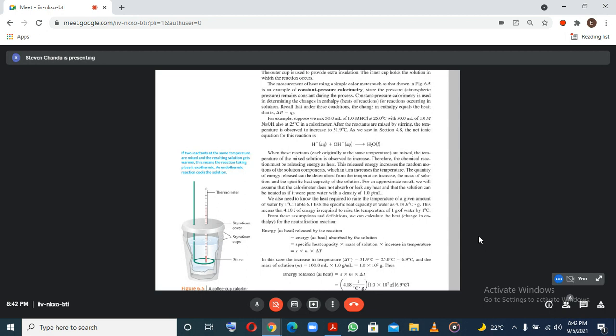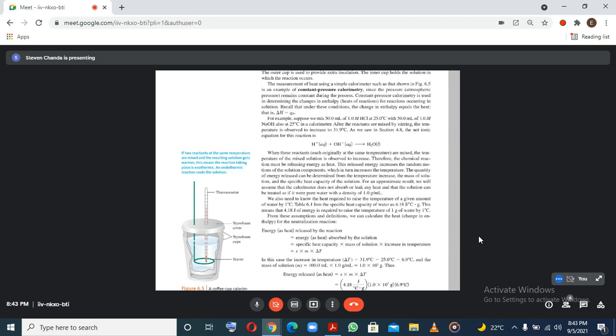And if you get two reactants at the same temperature, and as the reaction proceeds the reaction mixture gets cooler, then what's happening there? Okay, let me just repeat that. If the two reactants at the same temperature mix and the resulting solution gets warmer, it means that heat is being produced.